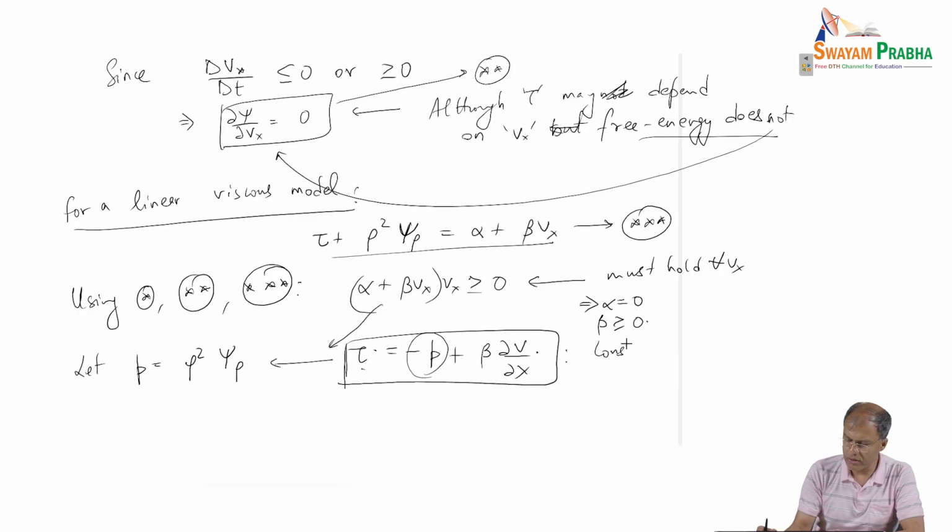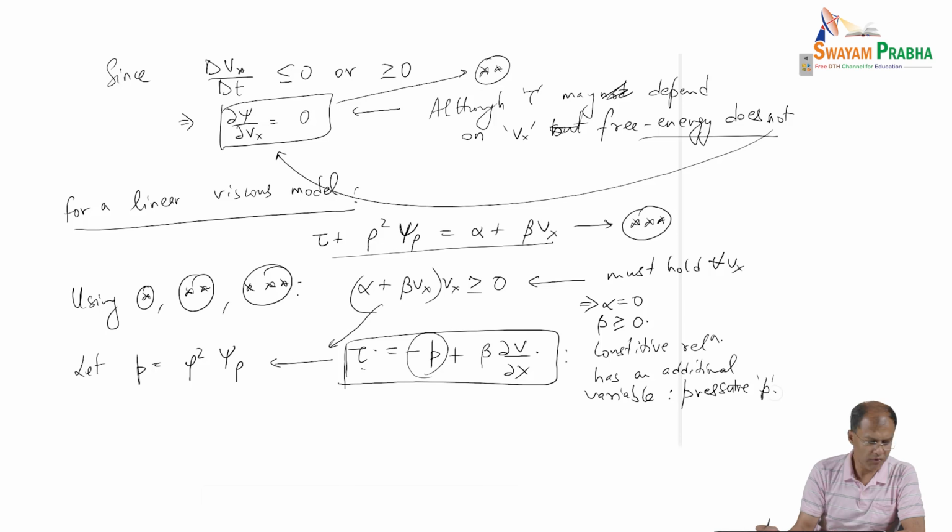This is my constitutive relation, which has an additional variable in the form of a pressure P. So we need an equation of state.